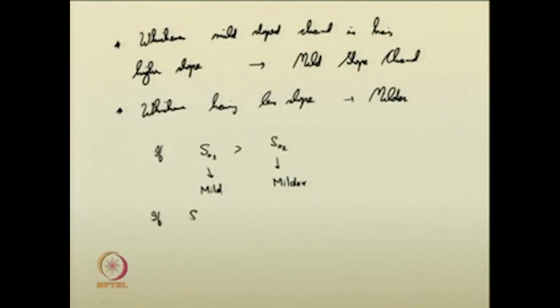Similarly, if S01 is less than S02, then channel 1 is considered milder and channel 2 is considered mild. So, like that you can say.